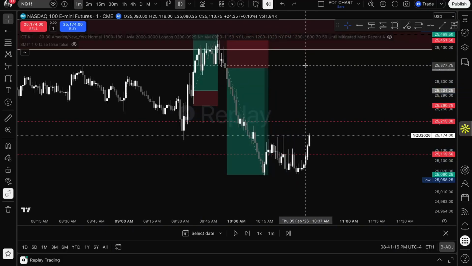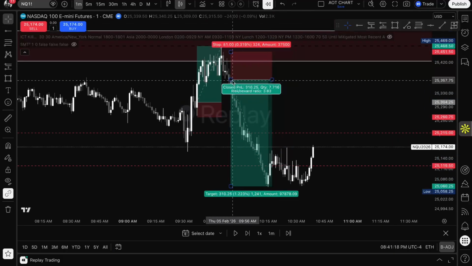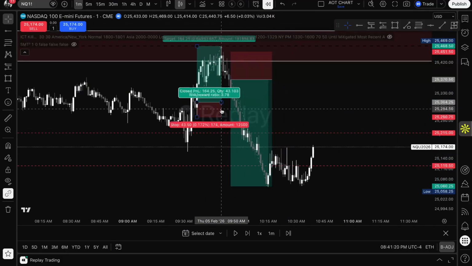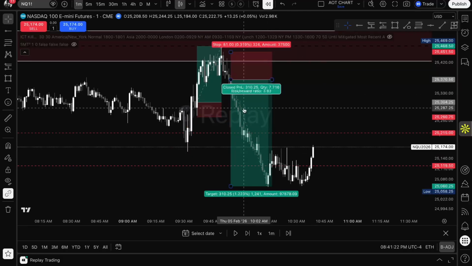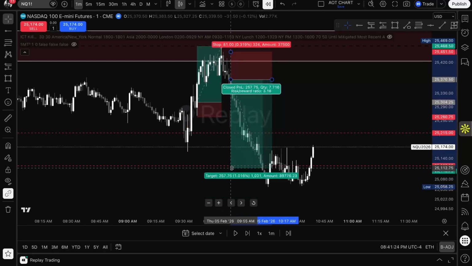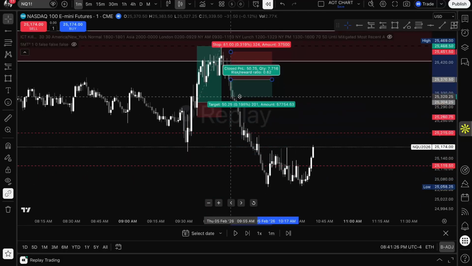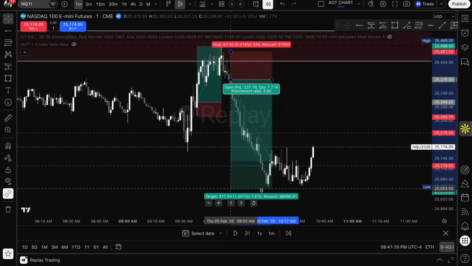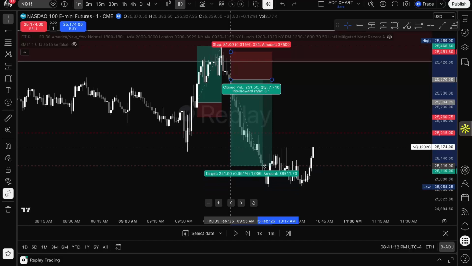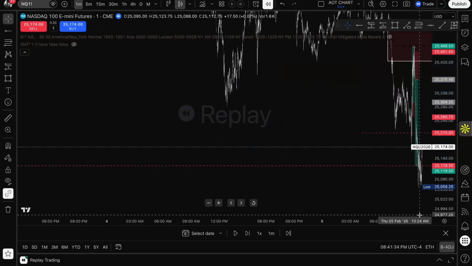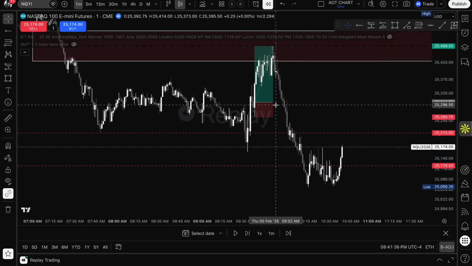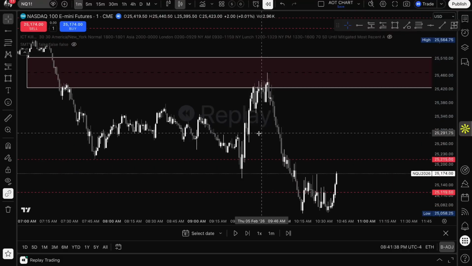We trade with the higher time frame and the trend that we see on the higher time frame because we want to catch the bigger move. So instead of just going for a little 30 points or whatever, you could have left runners on micros and caught this whole move to the downside to this draw on liquidity. I just realized that if you just trade with the higher time frame, it's gonna make it a lot easier on you.